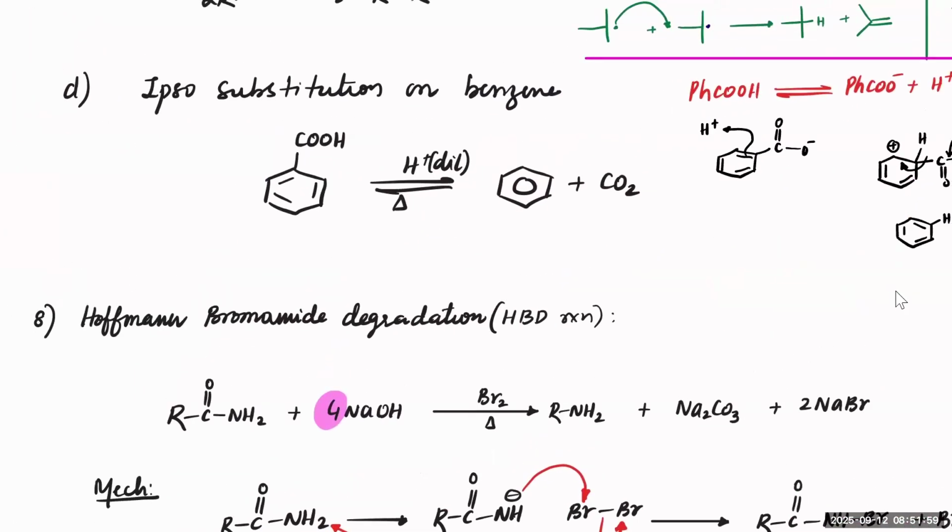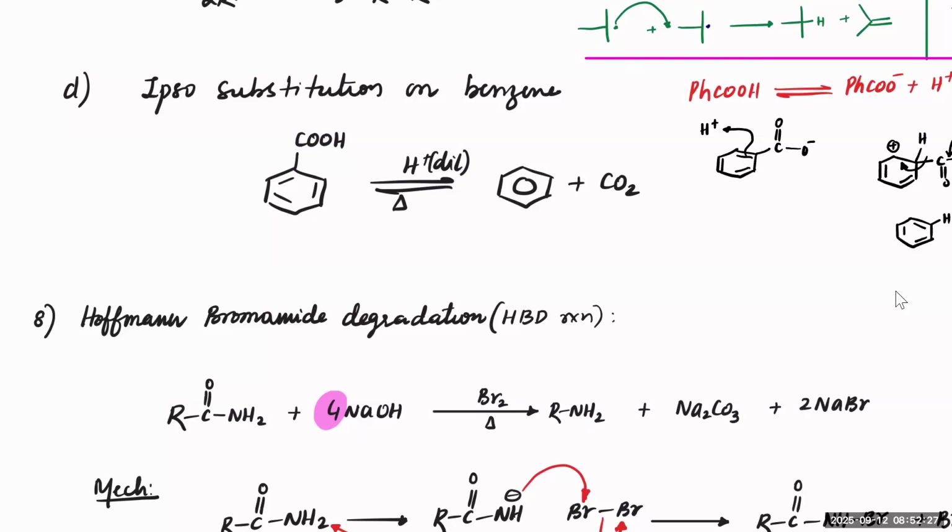Next, decarboxylation also takes place as a part of ipso substitution. Ipso substitution as in groups like SO3H or COOH, the acidic groups. If you keep them in dilute acids, then they can invite the H plus and remove the carbon dioxide at this position where the functional group is present.